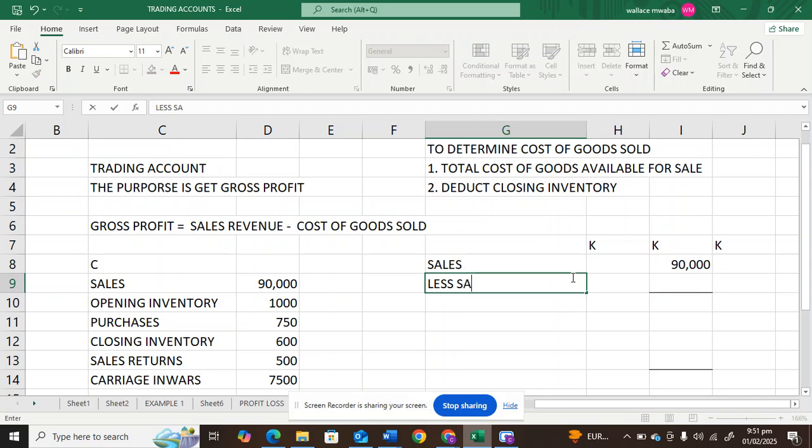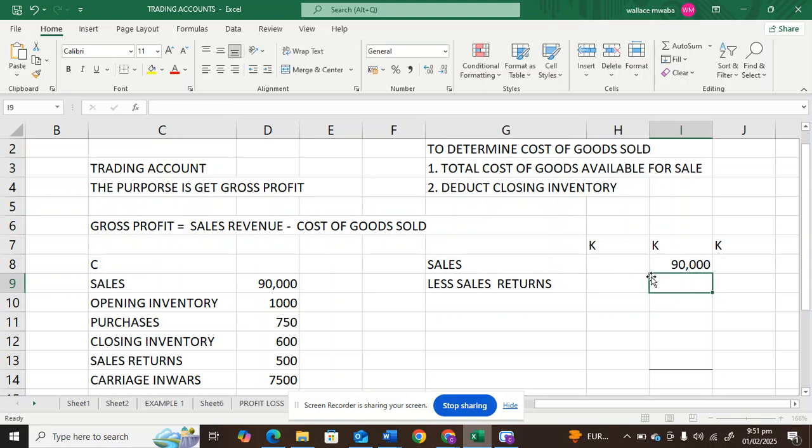So less sales returns. There are a lot of reasons why customers will return goods. The goods can be damaged, bad. They can be the wrong goods. They can be expired. So sales returns here, 500 kwacha.